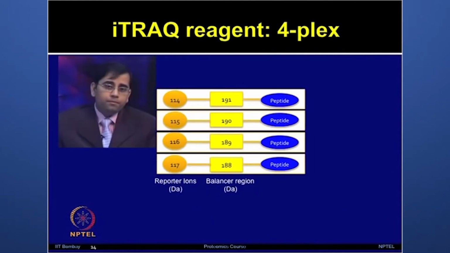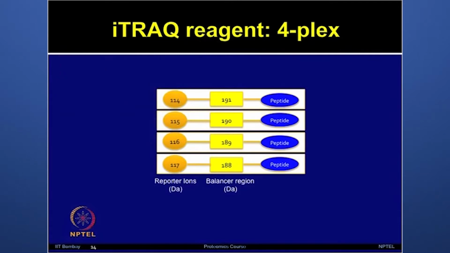The iTRAQ label is an isobaric tagging compound consisting of a reporter ion series. Here I have shown you the 4-plex iTRAQ reagent with 114 to 117 Dalton, a balancer region of 191 to 188 Dalton, so that the total mass of the isobaric tag is 305.